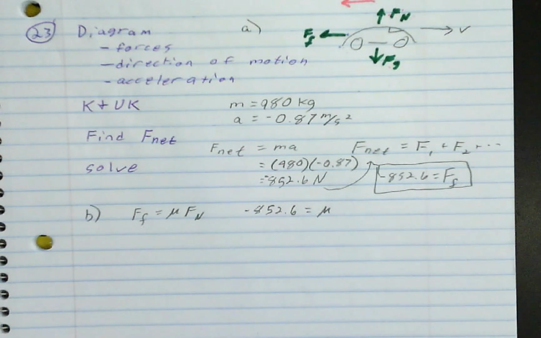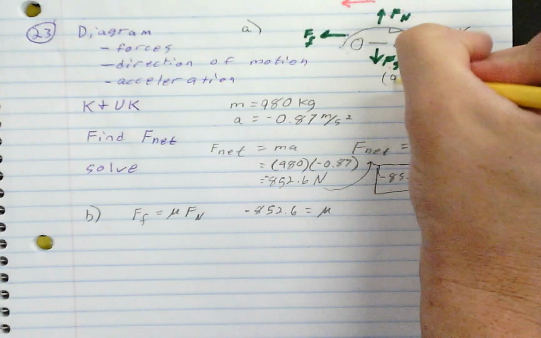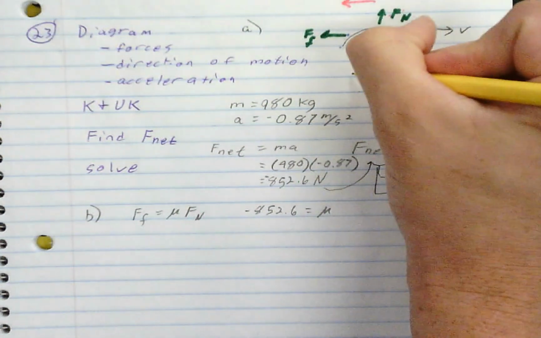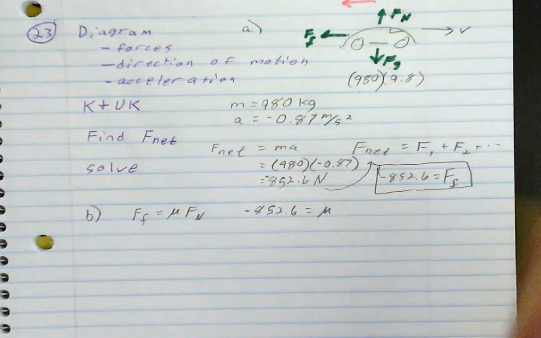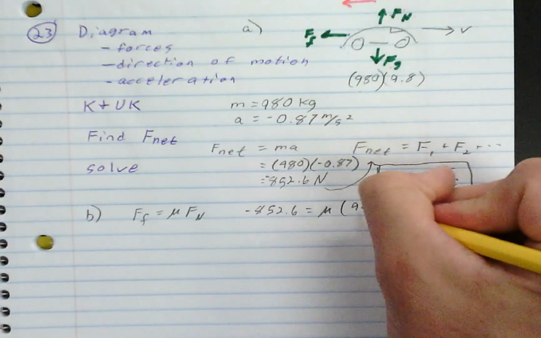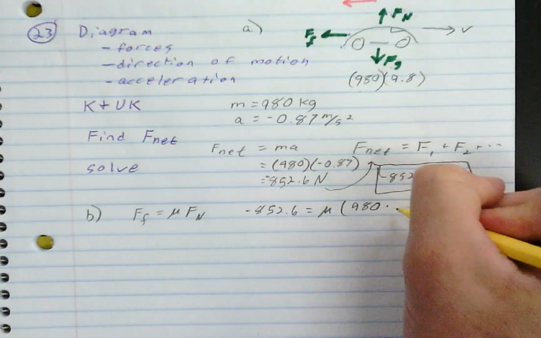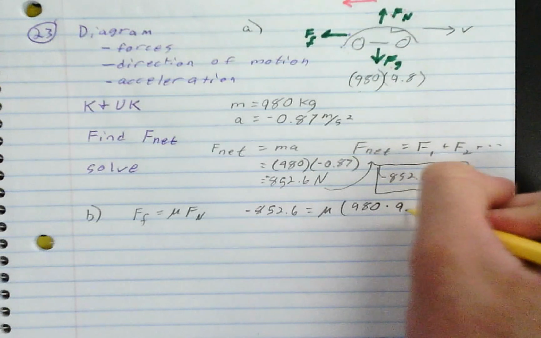Say again? Almost, really close. It should equal the force of gravity, which is 9.8 times the mass. So I'm just going to put that in: 980 times 9.8, our mg.